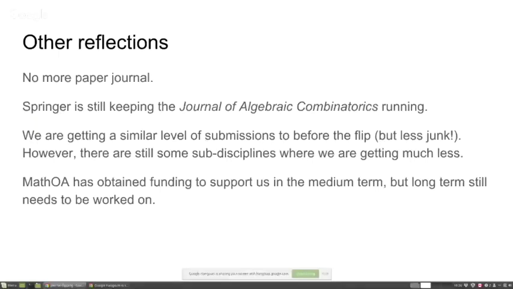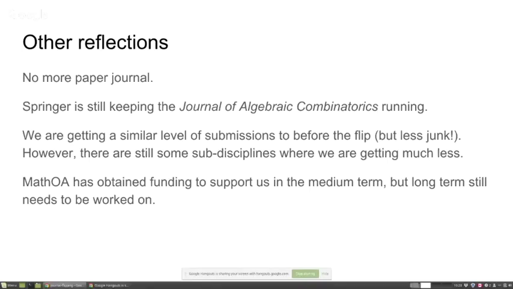Interestingly, I would say not primarily people from our area, but some prominent people who were willing to attach their name to the journal. It's still going. We are still getting, as I said, a similar level of submissions.